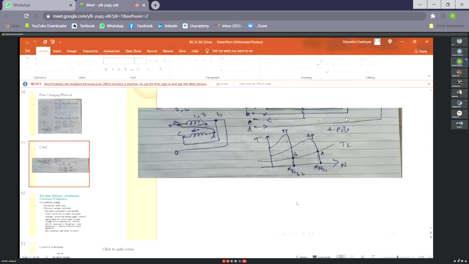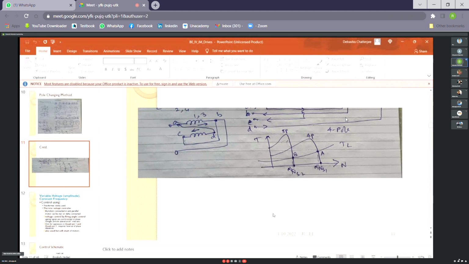This was a primitive method. You see here, there is no implementation of any power electronics switches, only contactor switching. The shifting of the contactor switches can take place to vary the speed. So this method has that limitation, and it is almost not used these days.